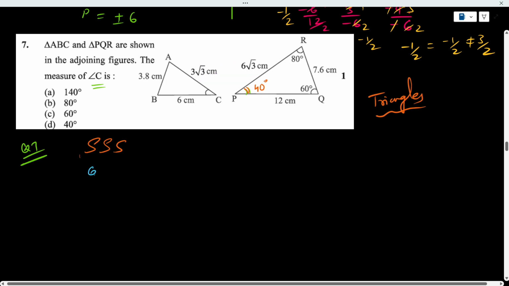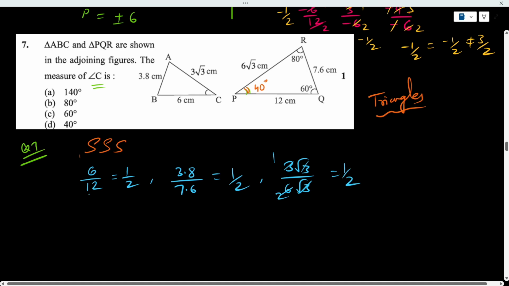So I can check: 6 by 12, which is half. 3.8 by 7.6 is also half. 3 root 3 by 6 root 3, if I take it here, this is also half. That means the ratios are equal. Both the triangles are going to be similar.